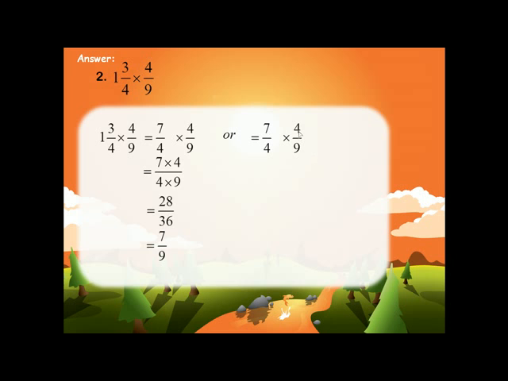Yes, we have 4 in the numerator and 4 in the denominator, so we can simplify it. 4 divided by 4 is 1, and 4 divided by 4 is 1, and then we find 7/9, from 7 times 1 and 1 times 9. It's simple, right?